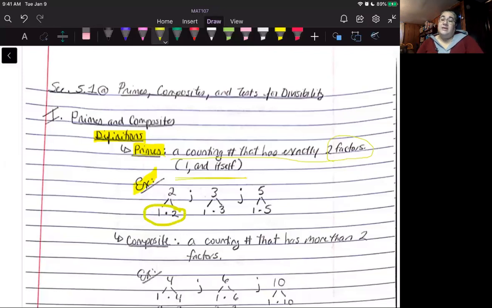So if the number we're discussing is 2, the factors of 2 are two numbers that will multiply together and give you 2. There are only two, 1 and itself. So it fulfills the definition of a prime, which is that it's a number that only has two factors, 1 and itself.